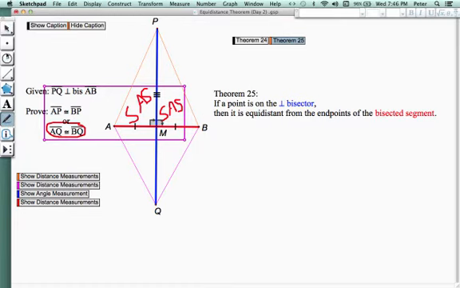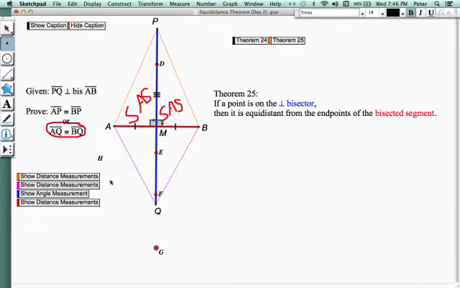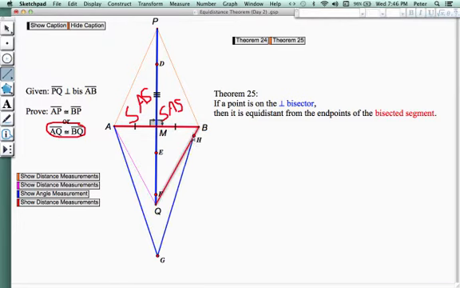So it doesn't matter whether I make a point here, point D, point E, point F, or even if I extended PQ way down here and put a point G, I could be sure that GA would be congruent to GB so long as I was sure that it was on the perpendicular bisector.